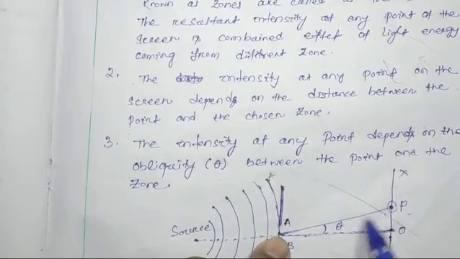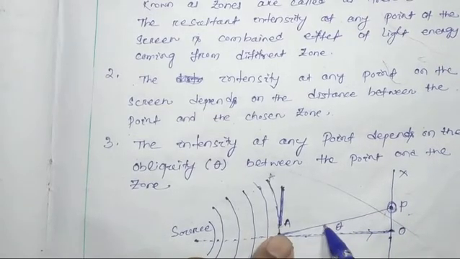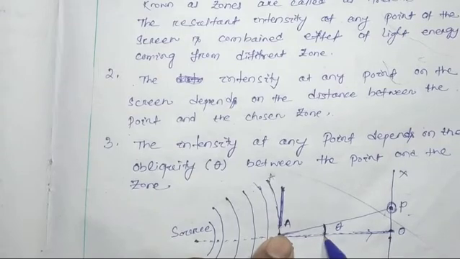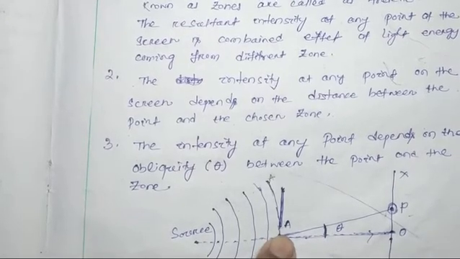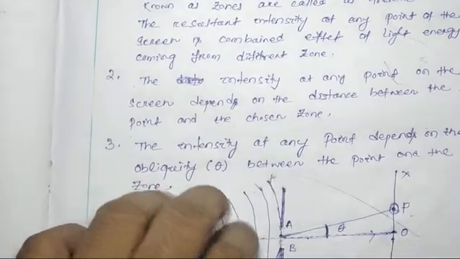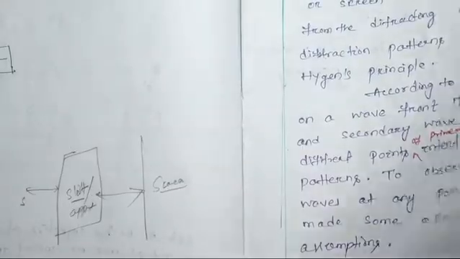How much angle is created by this point with a secondary source, that also is to be considered. That is called the obliquity.